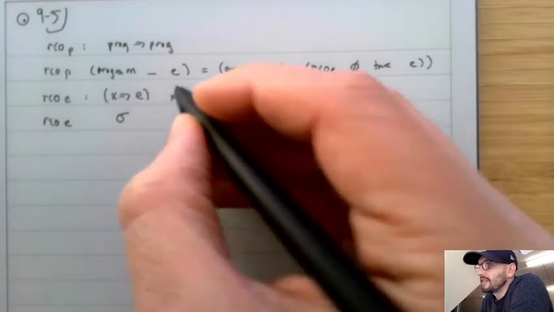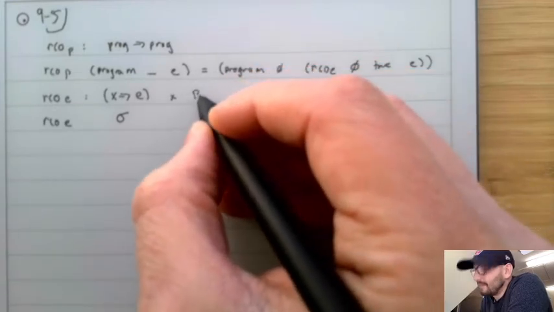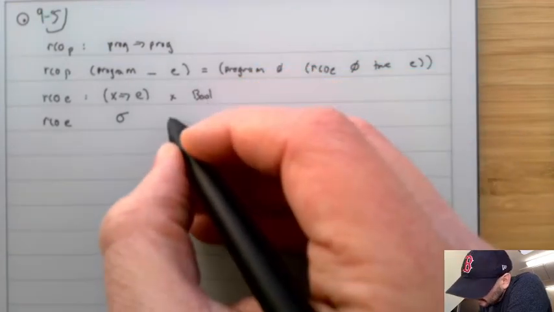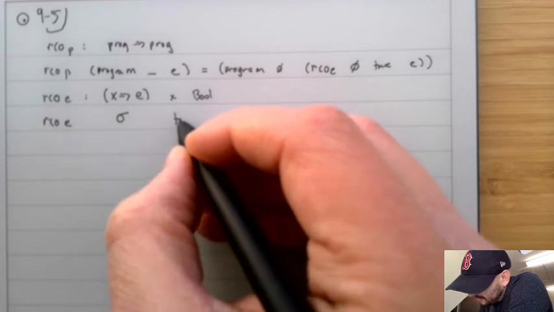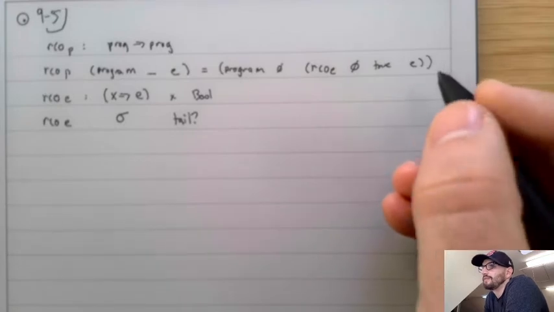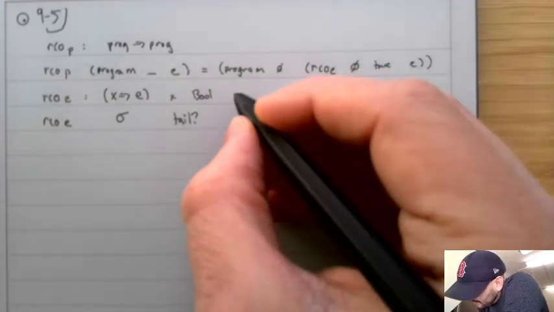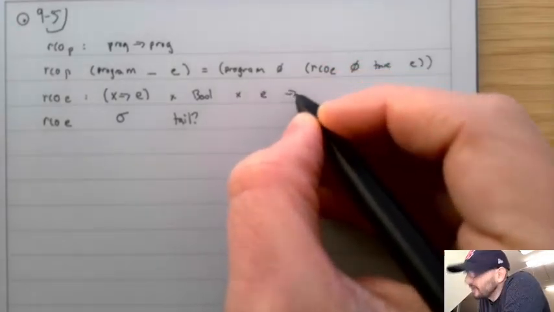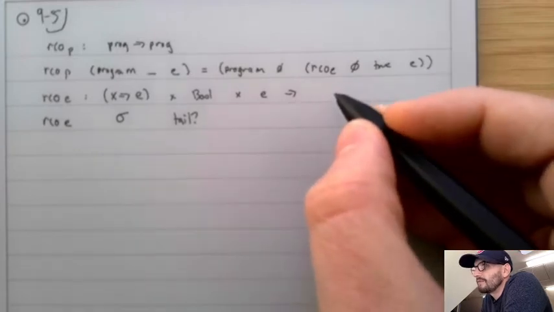It also takes a Boolean, which tells us whether or not this thing is in tail position. And of course, the program starts off being in tail position. Then we have the expression, and we're going to return an expression.